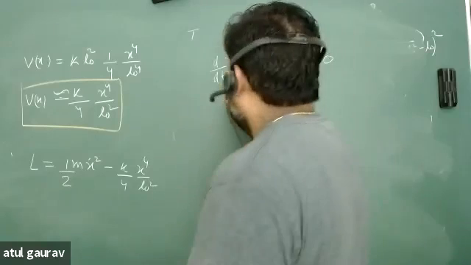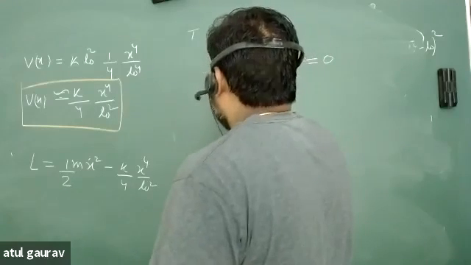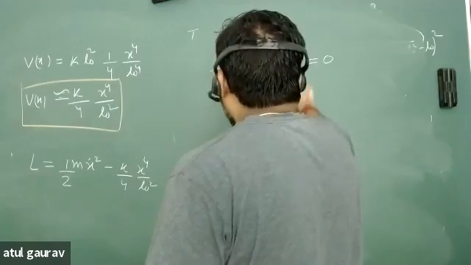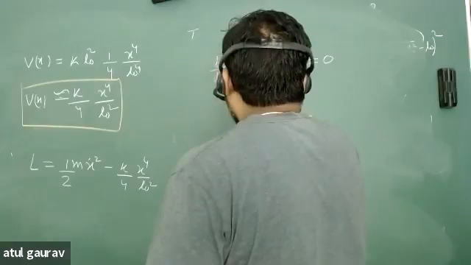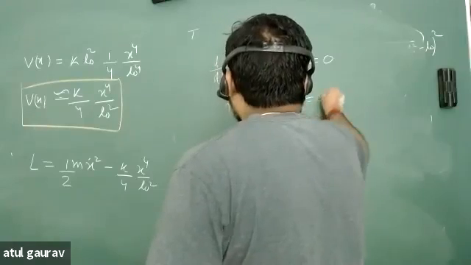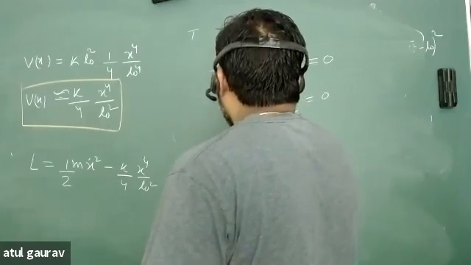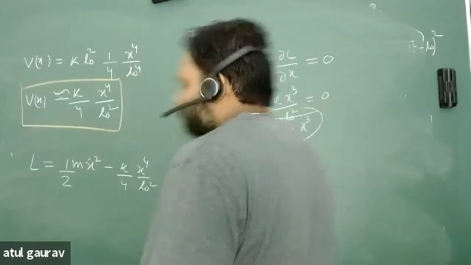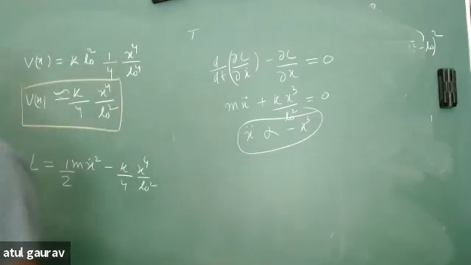And what you have is m x double dot plus k x cube by L naught square must be 0. So x double dot is proportional to minus x cube. The acceleration is non-linear.